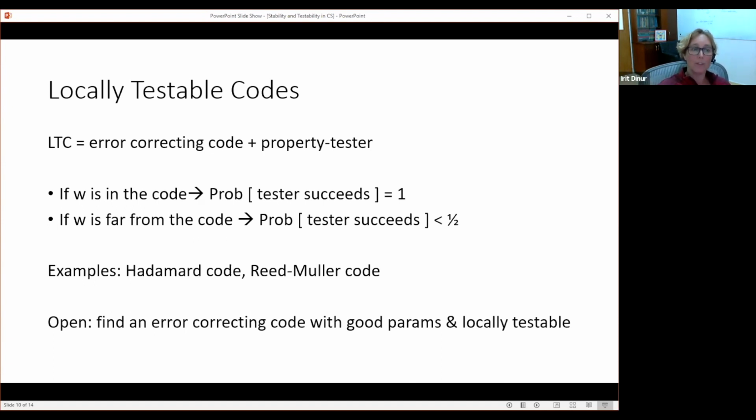So we're interested in finding codes that also have good parameters and are locally testable, and that's an open question. But locally testable codes that are even weaker than that, like the two that I mentioned above, are sufficient for constructing PCPs and such objects, and that's why they were studied intensely.